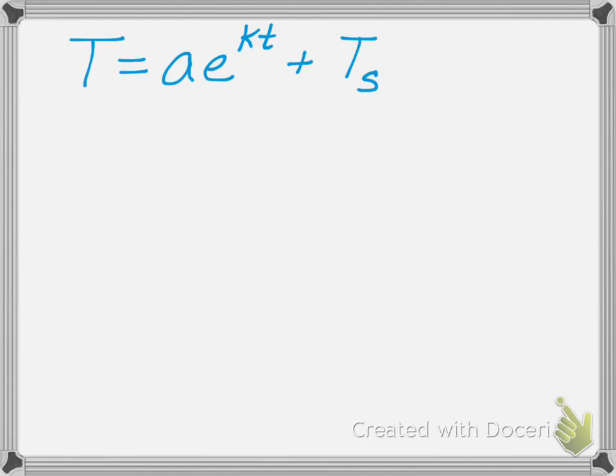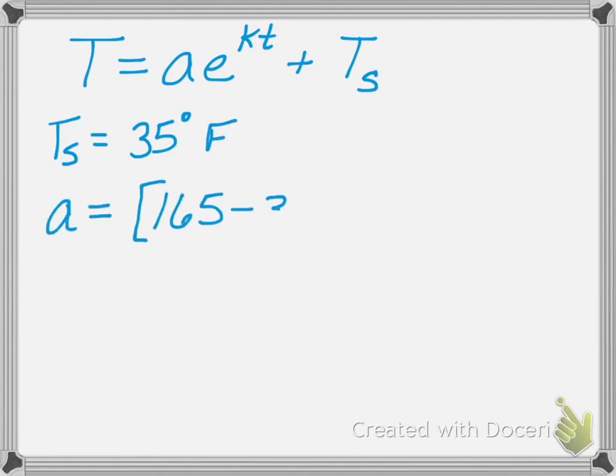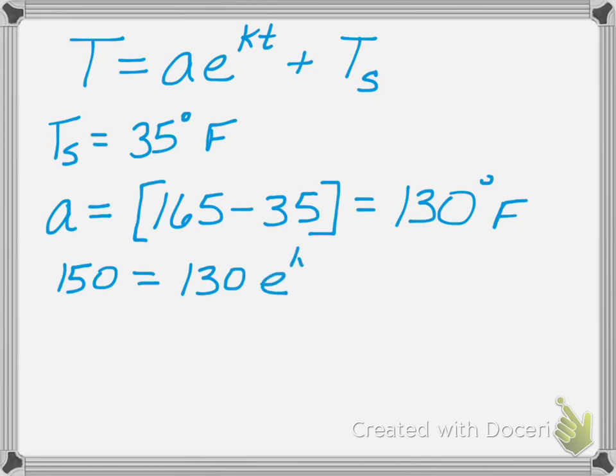So again, our equation is capital T equals A e to the k little t plus T sub s. T sub s equals 35 degrees Fahrenheit. A is 165 minus 35, or 130. And to find k, we are going to substitute time equals 10 minutes into the equation. And we know that the temperature after 10 minutes is 150 degrees.